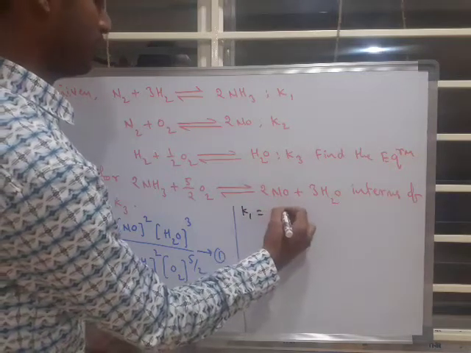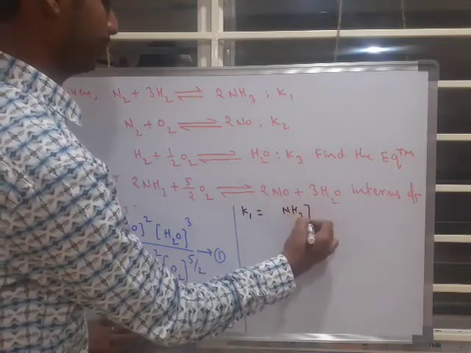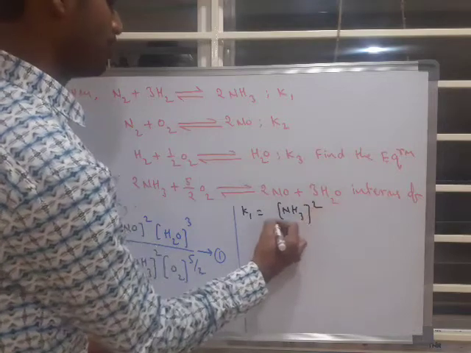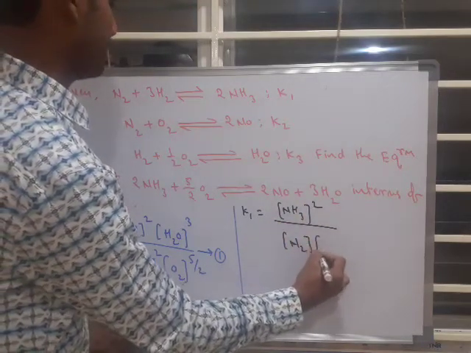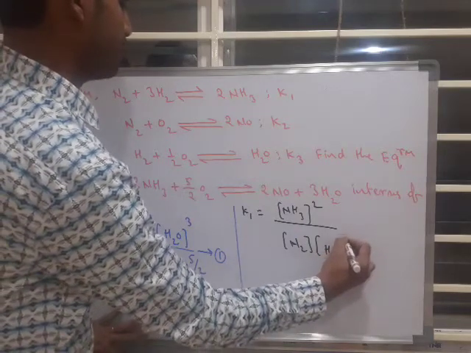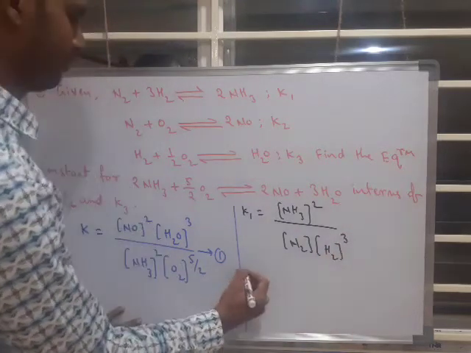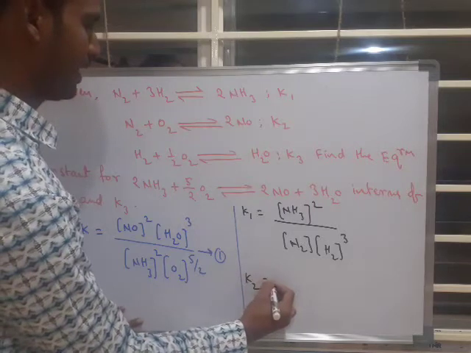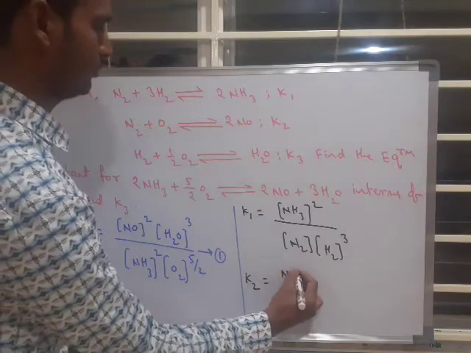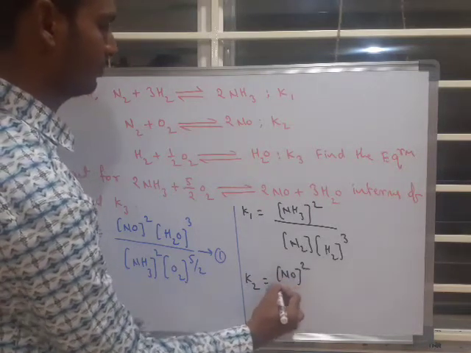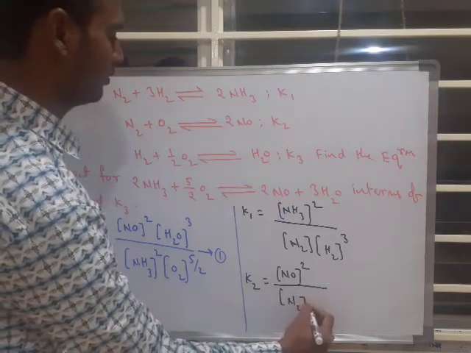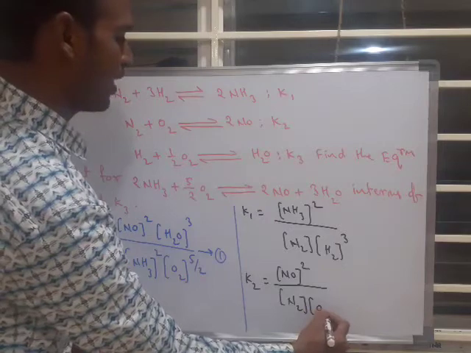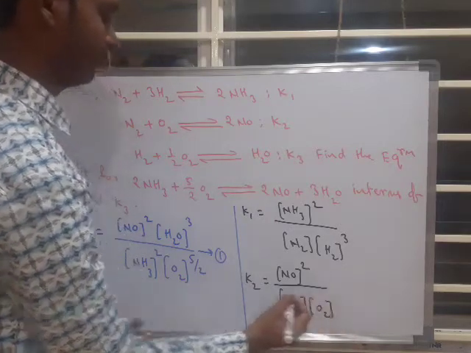So K1 is equal to NH3 squared by N2 concentration times H2 concentration to the power 3. Like that, for the second reaction, NO squared by N2 and O2, all to the power 1.